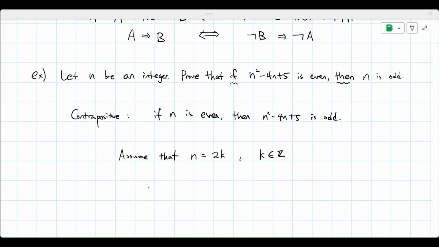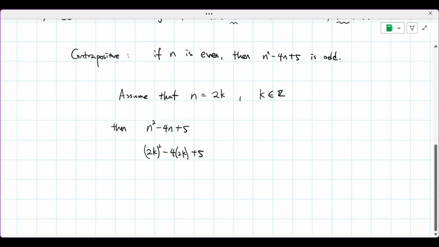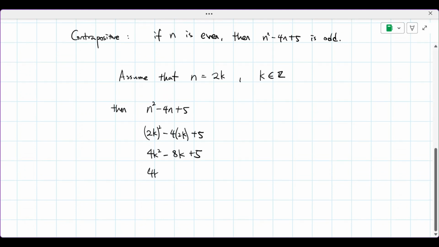Now, let's try to rewrite n squared minus 4n plus 5 as (2k) squared minus 4 times 2k plus 5, which is 4k squared minus 8k plus 5, which I can rewrite into 4k squared minus 8k plus 4 plus 1. Then I can factor out 2 from the first three terms: 2(2k squared minus 4k plus 2) plus 1.